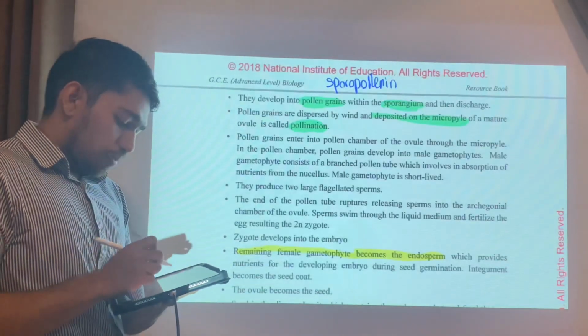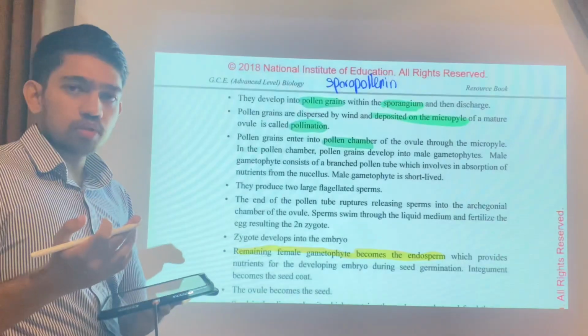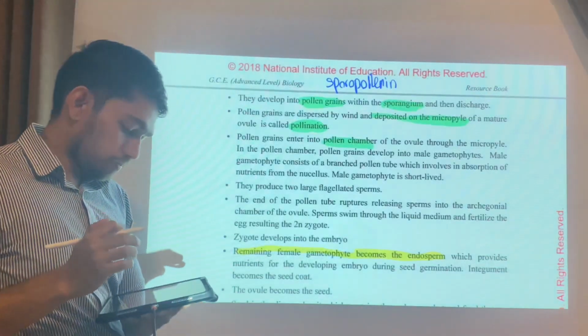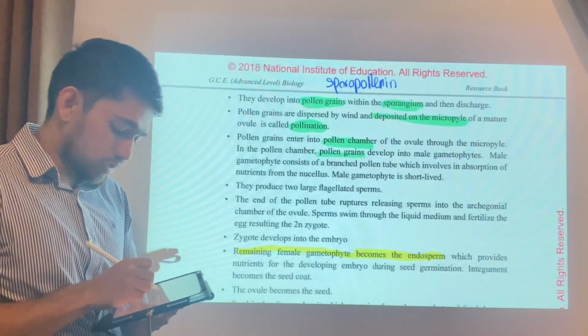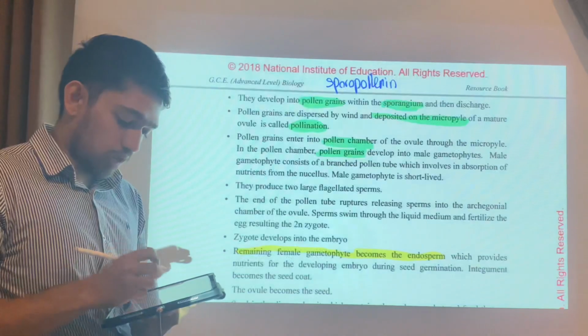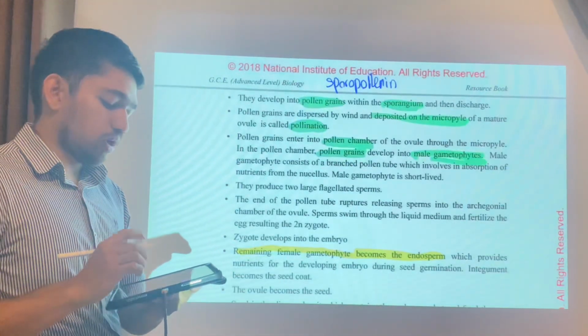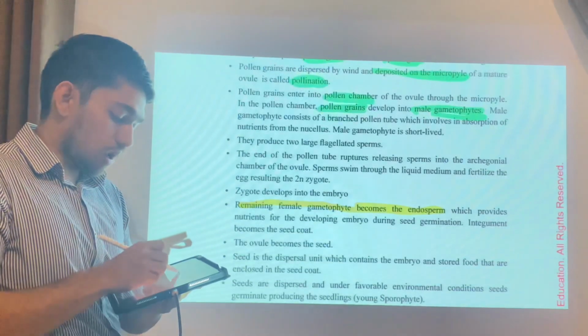So pollen grains go into the pollen chamber. The pollen chamber is right above the archegonia and below the micropyle, right? Within the pollen chamber, the pollen grains will germinate and become male gametophytes, right? The male gametophyte, you will have to know, produces a branch, the pollen tube.